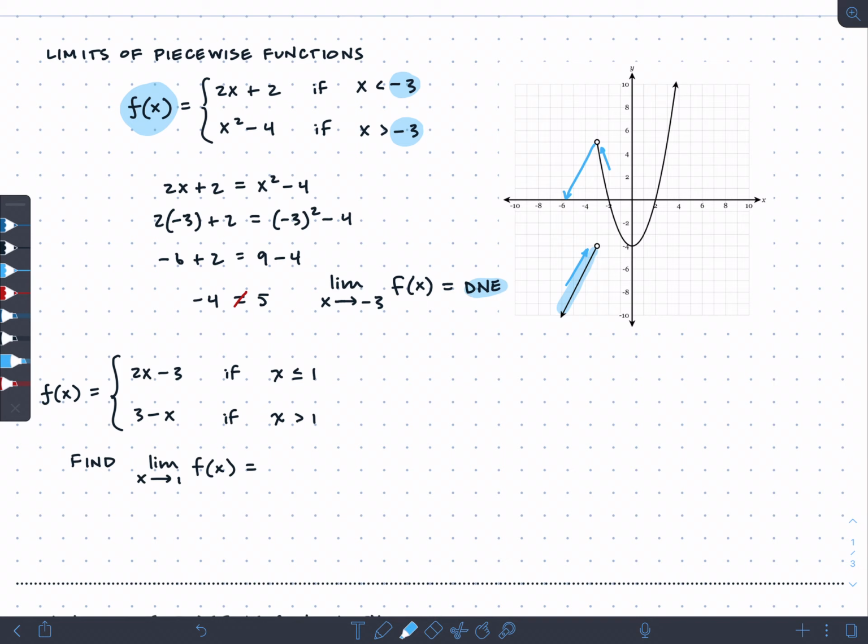Alright. So let's do the same thing for this function here, f of x. And so, like I said, if we want to see if the limit exists, we want to see if the left-hand side and the right-hand side are the same. So I can start by setting them equal to each other.